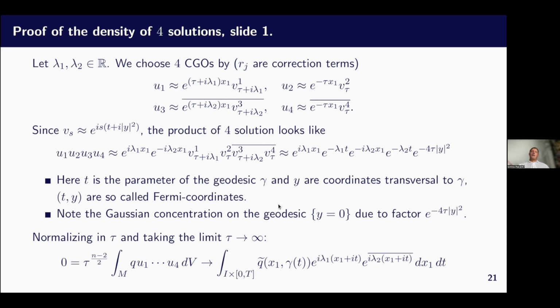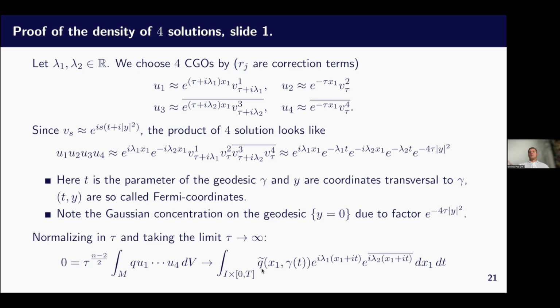In fact, now if you plug in these solutions into the integral identity, which we started from, which was that the integral of q against a product of four solutions is 0. Now if you normalize this integral by a suitable power of tau, tau to the power (n minus 2) over 2, and take the limit tau goes to infinity, we will obtain the following quantity, which is the integral over the interval of the cylinder times the parameter interval of the geodesic of a function q tilde.